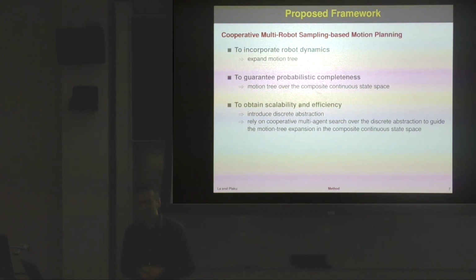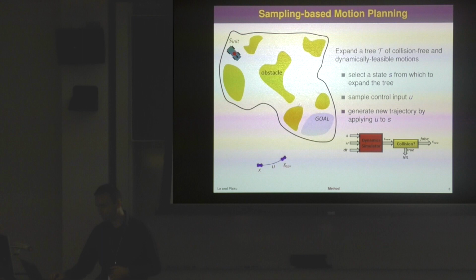But in order to make this expansion efficient, we are going to use a discrete layer, a simplified layer, that is going to guide this motion tree expansion. So the discrete abstraction is going to come from probabilistic roadmaps, and it's going to rely on standard multi-agent path-finding algorithms to provide general guides of how you need to expand the motion tree in the continuous state space.